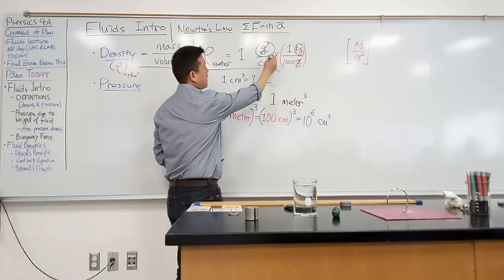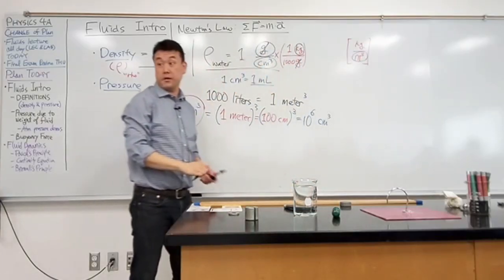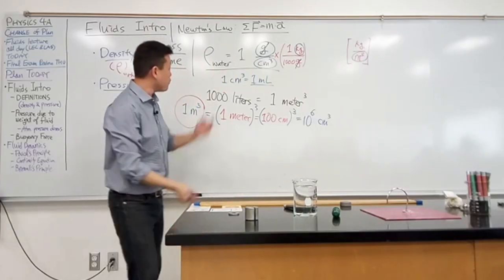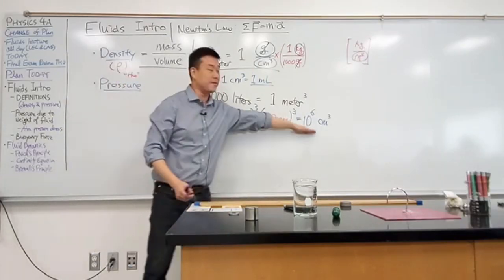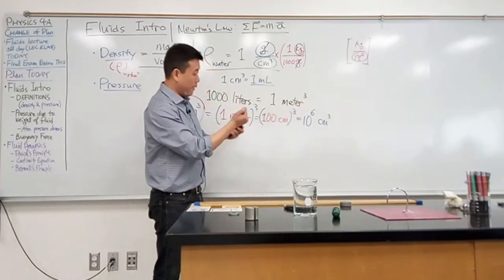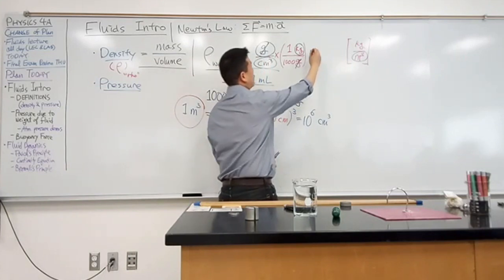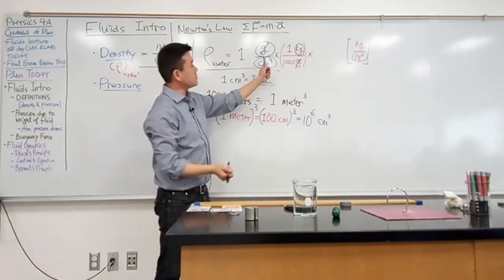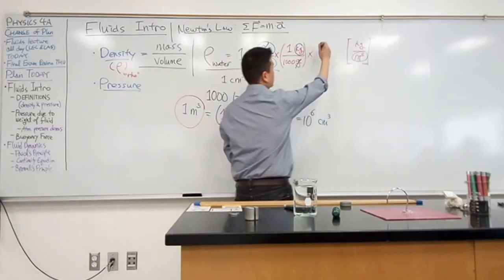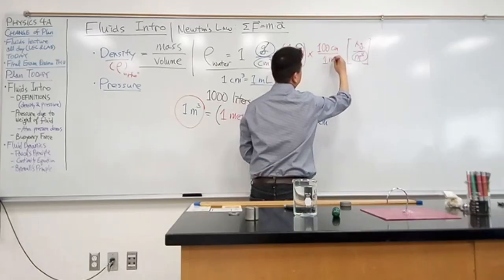There's the second step. I need to convert the unit of cubic centimeters to cubic meters. Here, the way I like to do it is actually this. If you remember that this is 1,000,000 cubic centimeters, great. But suppose you didn't remember it, then the way I would do it is I would multiply by a ratio, because I want to cancel out centimeter and gain meter. So the ratio I'll be using is 100 centimeters per meter.